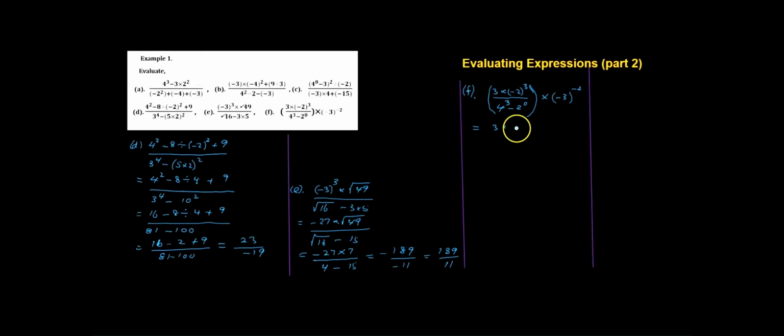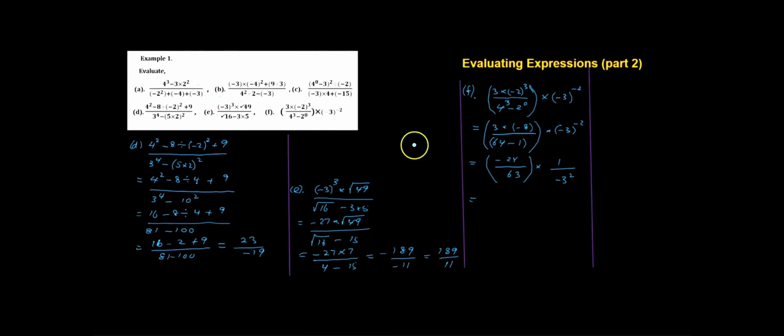As anything to the power 0 is equal to 1, 2 to the power 0 equals 1. After the operation, we get 3 into minus 8 in the numerator and 64 minus 1 in the denominator of the expression inside the bracket multiplied by minus 3 to the power minus 2.